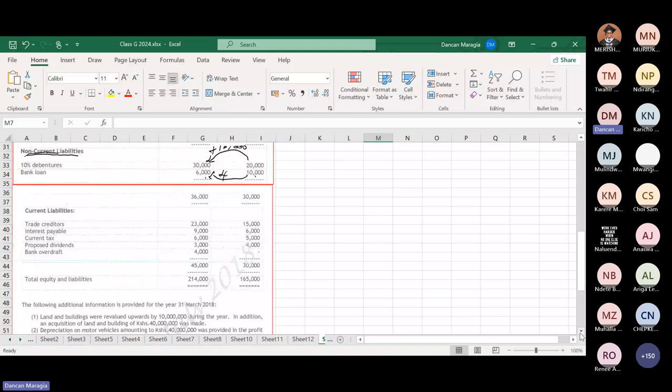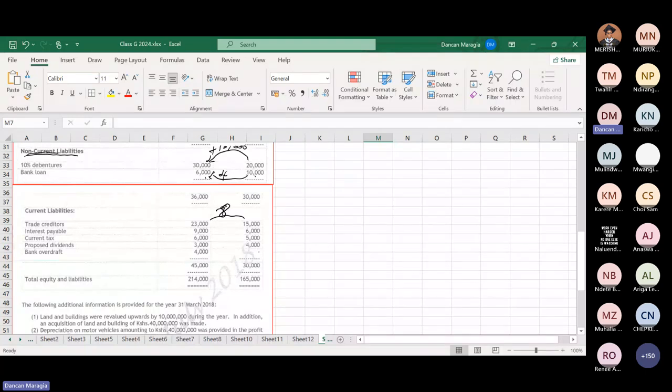Now, trade creditors, last year we had 15. This year we have 23. What does that indicate? An increase of 7 million. An increase of 7, or no, sorry, 8.